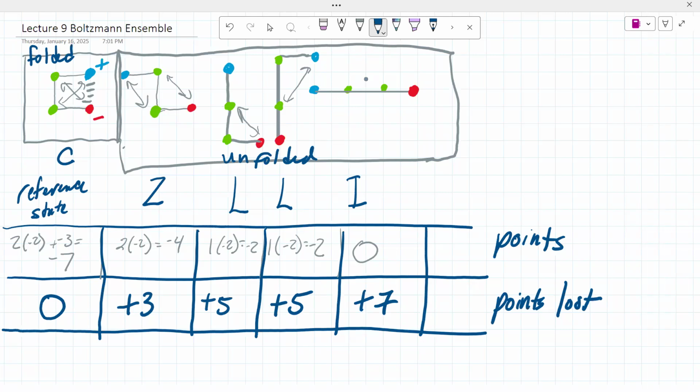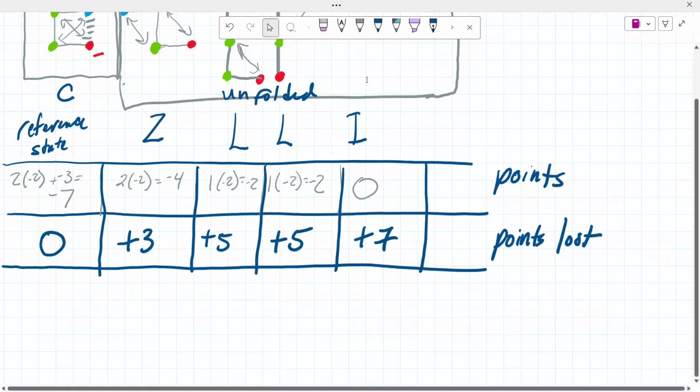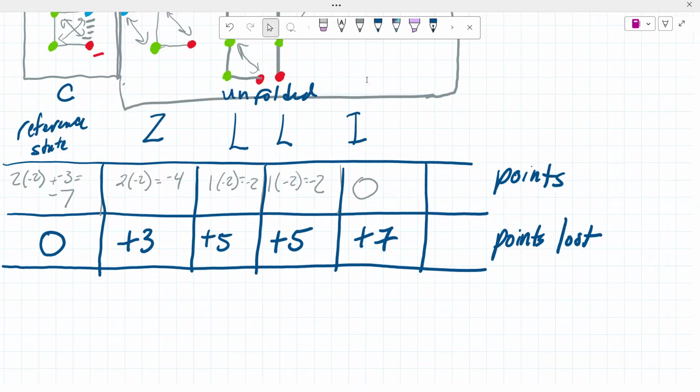So let's just write out the rules for the lattice model, which I've kind of been describing to you already. Okay, so rules for the lattice model.